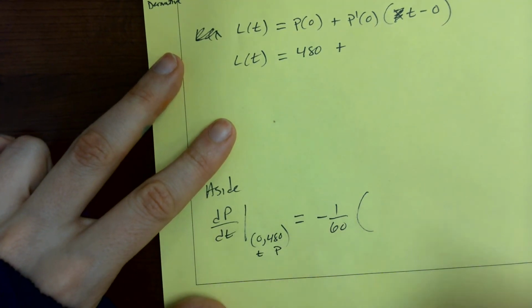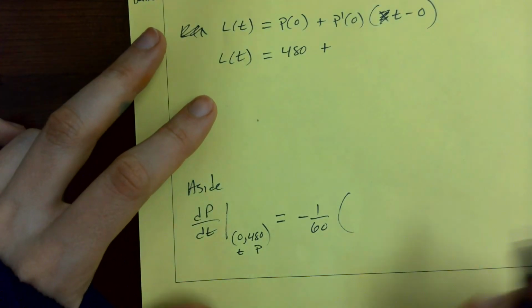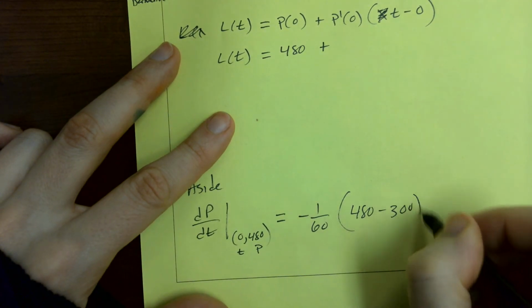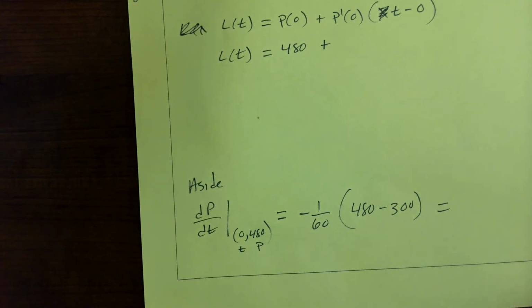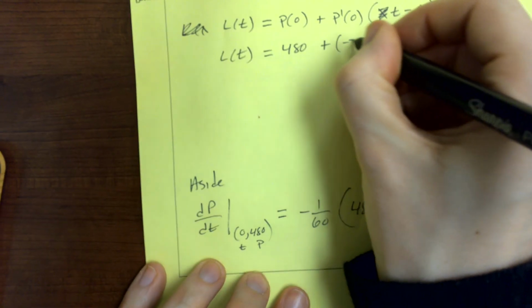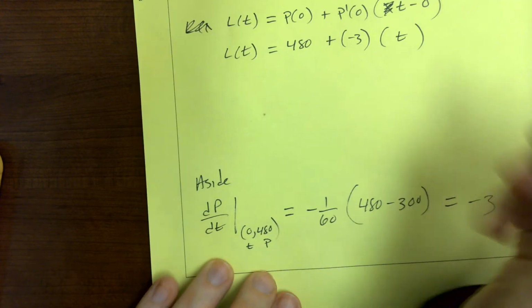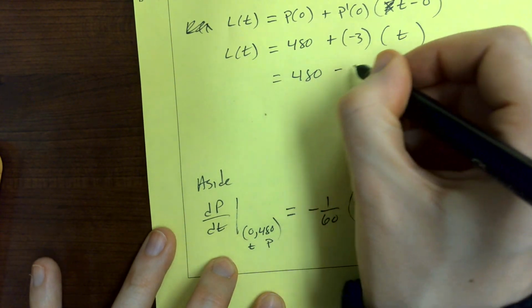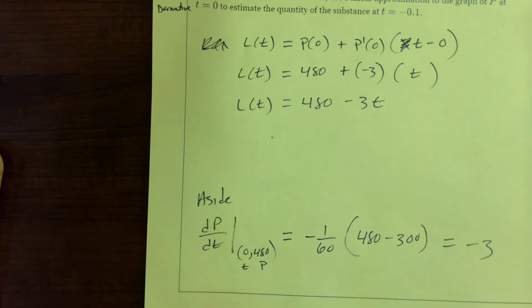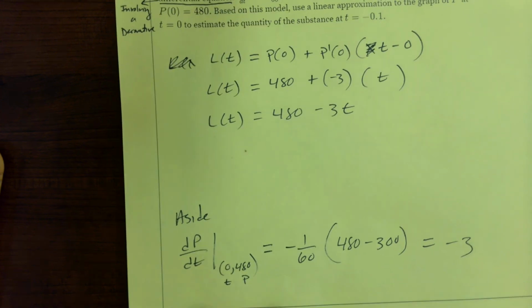This is T, this is P. P is the output. 480 minus 300 equals negative 3. Oh, it's negative 3, that's nice. So this is 480 minus 3t. That's our tangent line approximation.